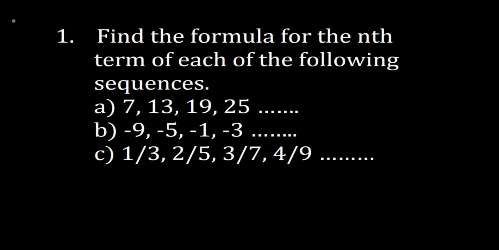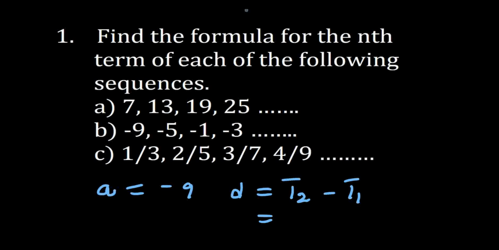1b. Now the first term is negative 9. Say a is equal to negative 9. The common difference d is equal to the second term minus the first term, and this will be equal to negative 5, just put it in parentheses, minus negative 9.